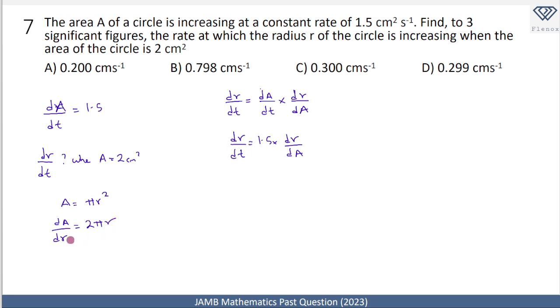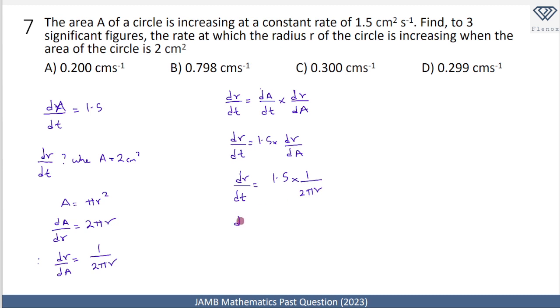If I flip this to find the inverse, dr over dA is equal to 1 over 2 pi r. Does that make sense? Fantastic. So we can substitute that here. So dr over dt is equal to 1.5 times 1 over 2 pi r.